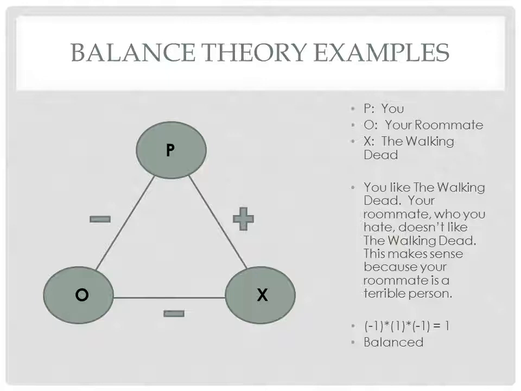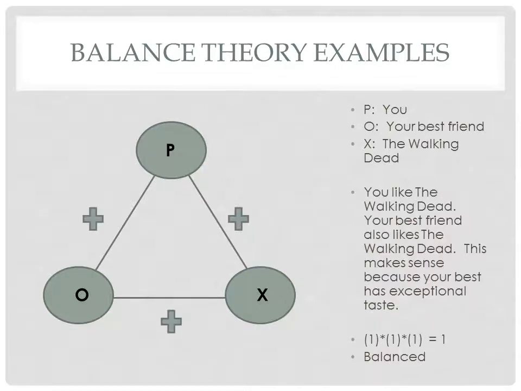If you look in the bottom right hand corner of the slide, you can see how we compute whether or not it's balanced. So you have the negative relationship between the person and the other, times the positive relationship between the person and the issue, times the negative relationship between the other and the issue. Negative 1 times negative 1 comes out to be positive. So this is a balanced triangle. We're happy with this one.